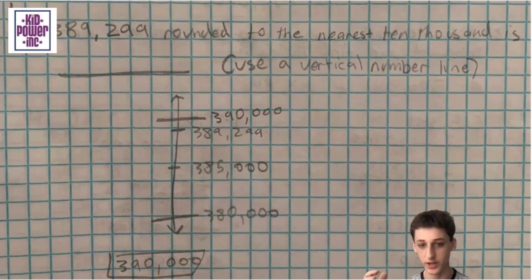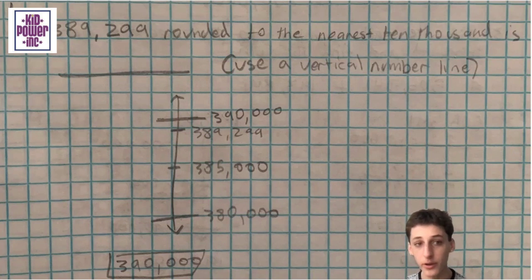The top was 390,000, the bottom was 380,000, and then I put a halfway point of 385,000. If the number was above that halfway point, I would round it to 390,000, and if it was below that point, I would round it to 380,000. For this problem, 389,299 is bigger than 385,000, so we're going to be rounding it to 390,000.